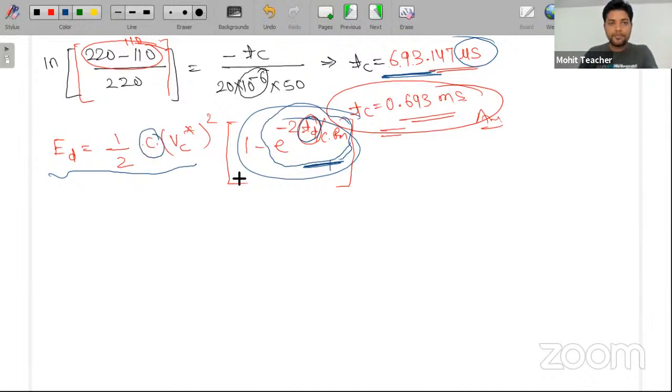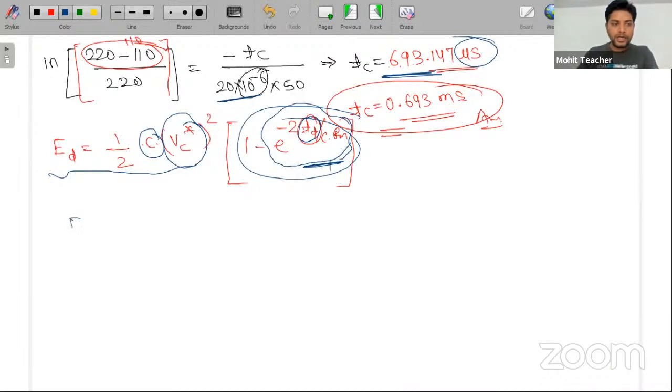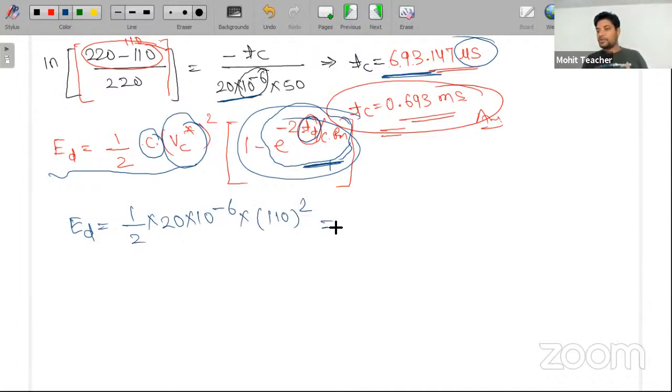So this will be equal to, like, C is given to you, fine. C is what, that is 20 into 10 raised to power minus 6, and VC star is also given to you, that is 110, okay. So just put the value, that is ED will be equals to 1 by 2 into C, that is 20 into 10 raised to power minus 6 into VC, that is 110 whole square, okay. So get the value from here.